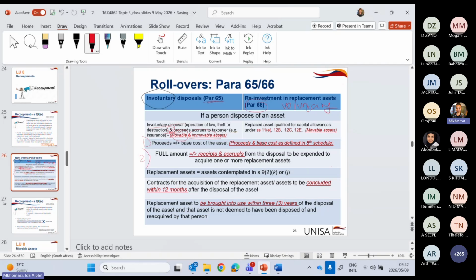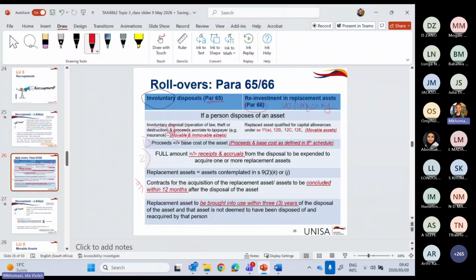Second requirement, the full amount that you received from the disposal, you must use it to acquire one or more replacement assets. So this means that the full amount that you would get from the insurer, if you're in paragraph 65, you need to use that full amount to purchase the new or the replacement asset.